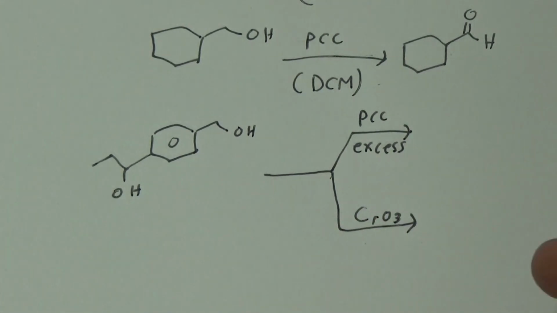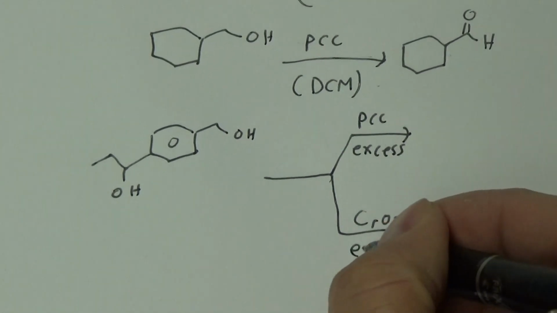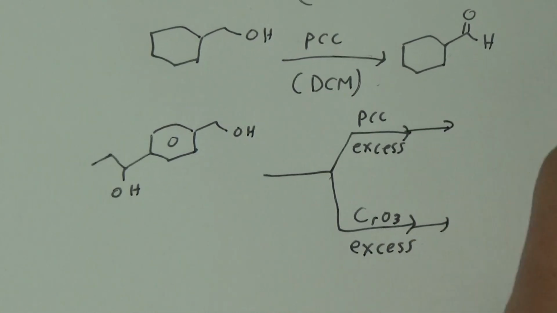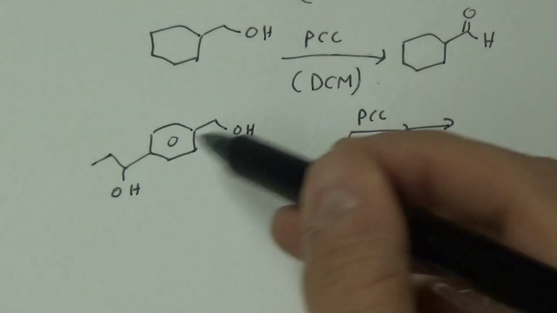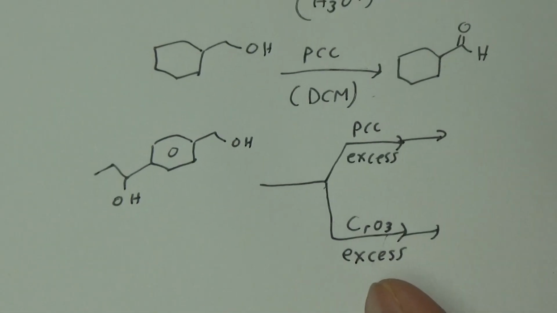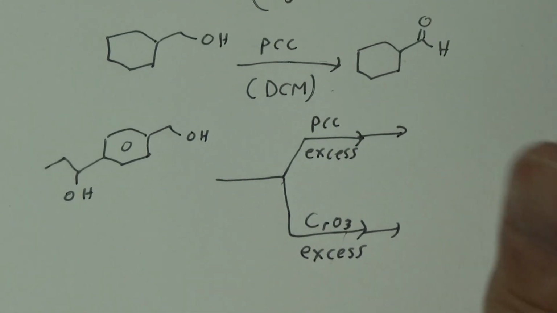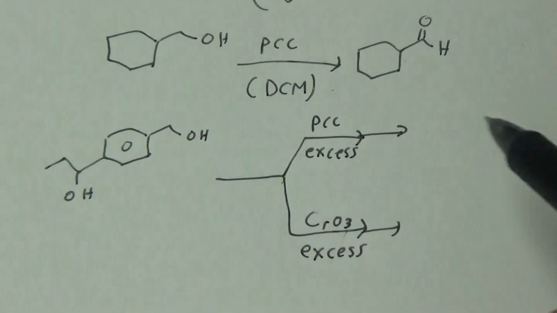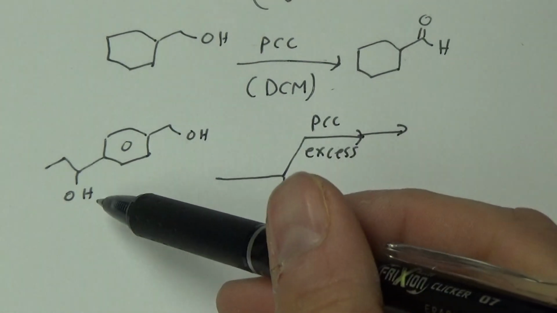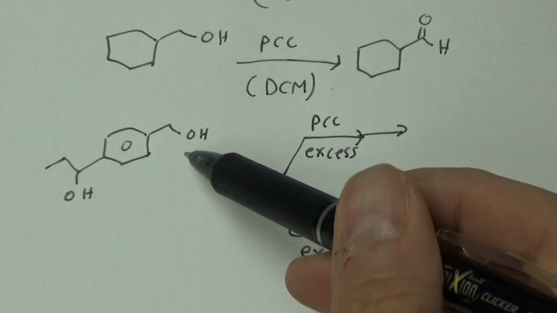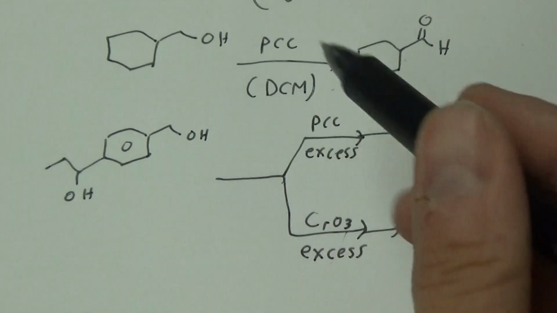Or CrO3 in excess. Excess meaning there's a lot of the oxidizing agent, so if there are two functional groups, it would react with both of them. What are the products of these reactions? What would PCC do to the left alcohol? What would it do to the right alcohol? Well, the left alcohol would get oxidized to a ketone. The right alcohol would be oxidized to an aldehyde.